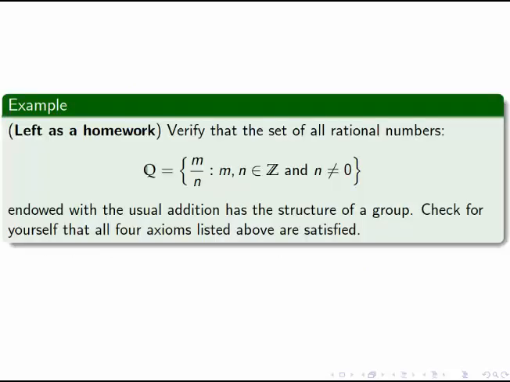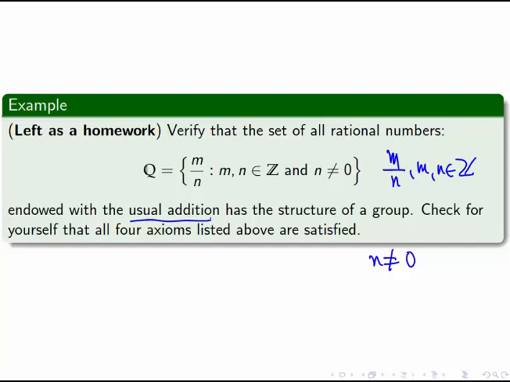Now, here's a homework for you. I want you at home to verify that the set of all rational numbers, which we denote by Q, which is the set of all fractions of the type m over n, where m and n are integers and n is non-zero, if you endow this set with the usual number addition, gives you the structure of a group.